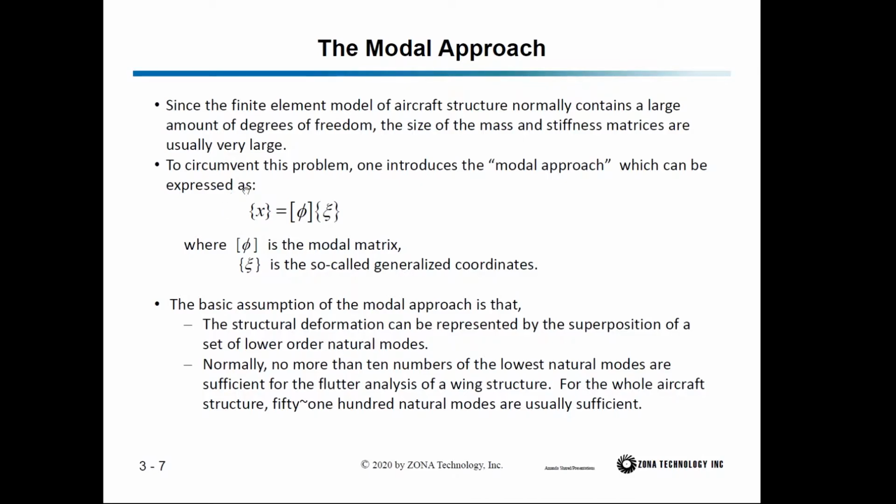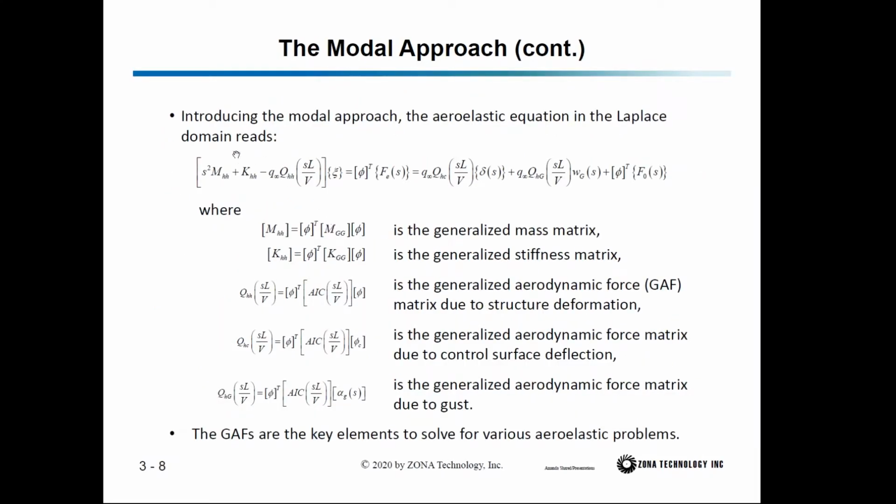Then if we substitute this into the equation of motion, we have this equation, where MHH is the generalized mass matrix, which is the GZ mass pre and post multiplied by the modal matrix, and KHH is the generalized stiffness matrix, which is KGG pre and post multiplied by the modal matrix.